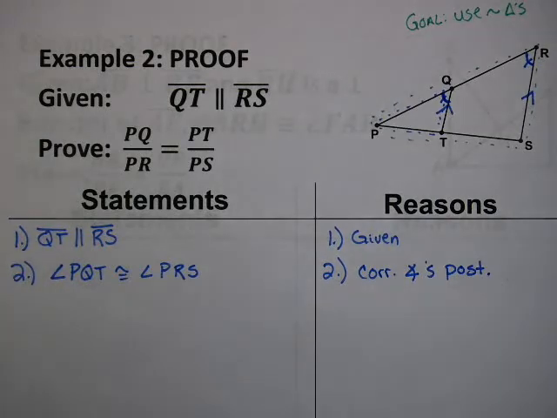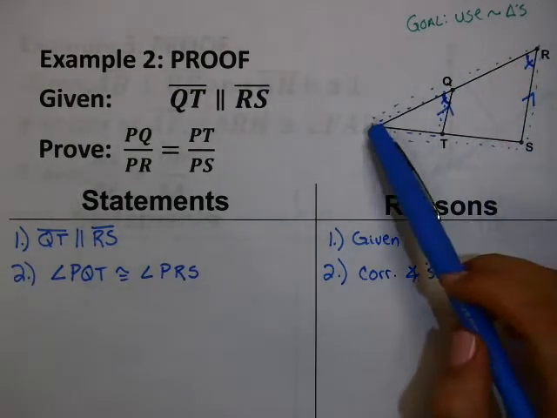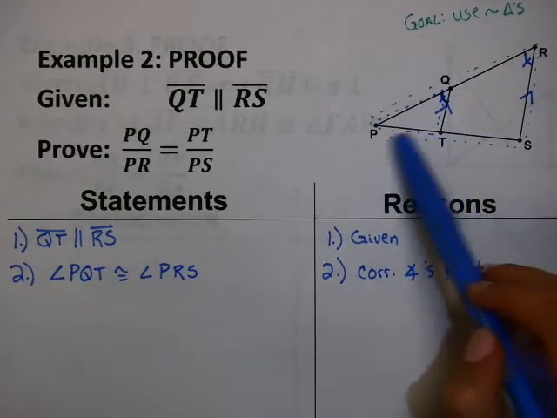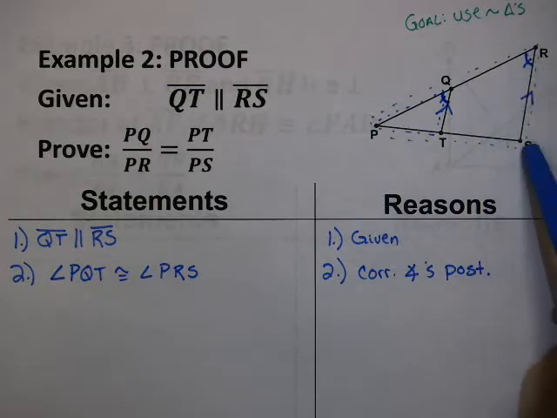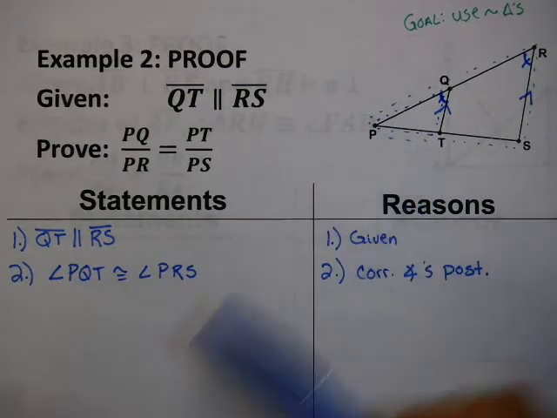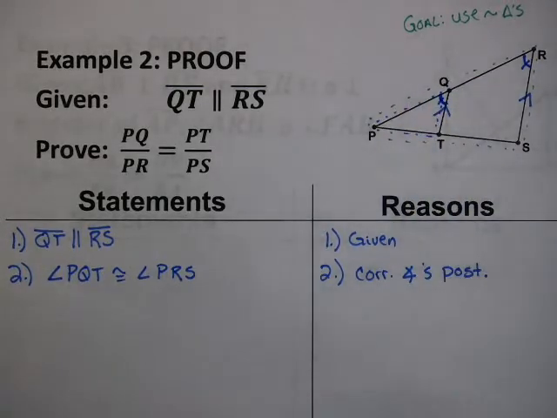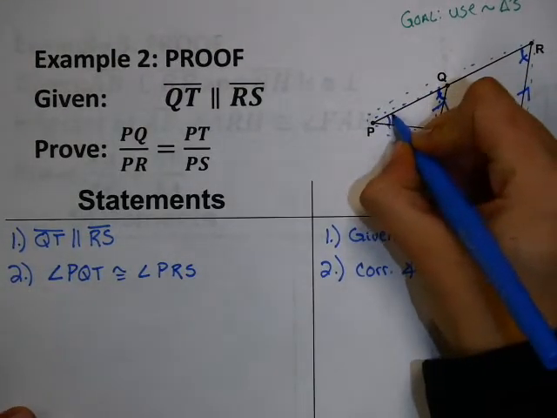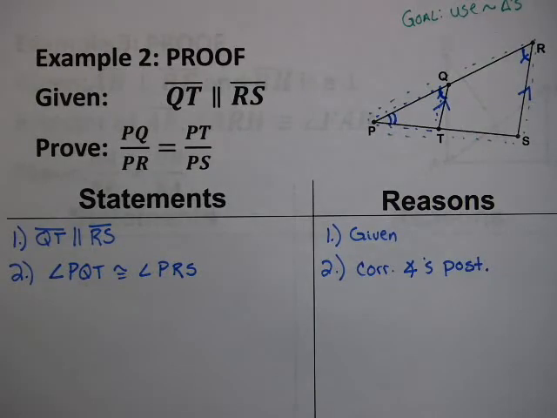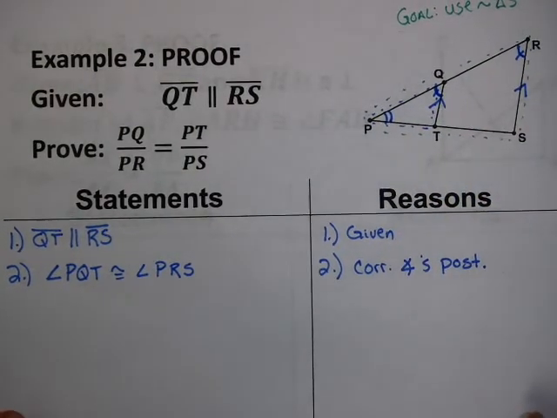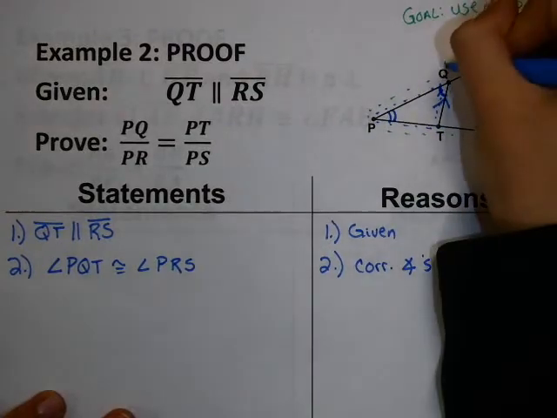Now let's take another look at our picture. We need to prove that these two triangles, the small one PQT and PRS, are similar, and I have one pair of angles already marked, but they also share angle P. So automatically angle P is the other angle we can use. So now I have angle.